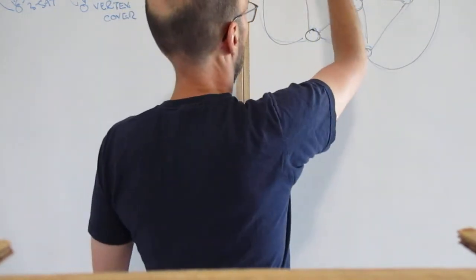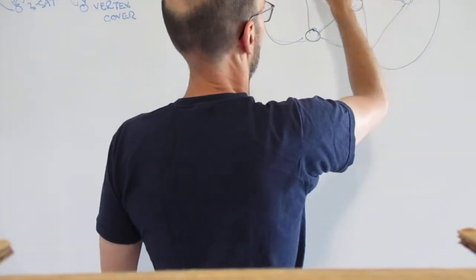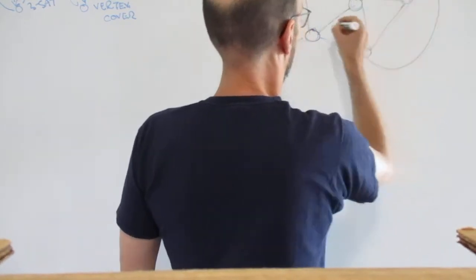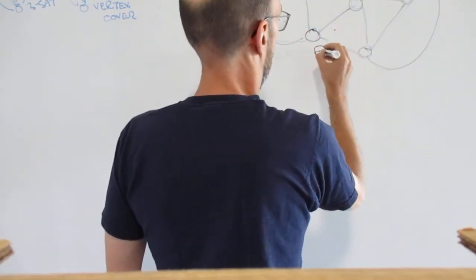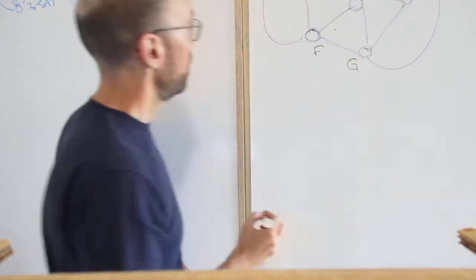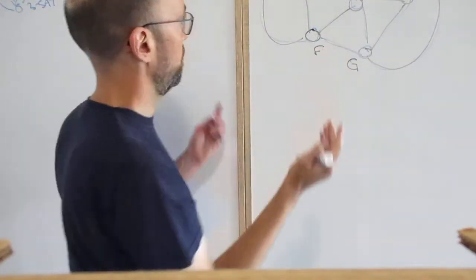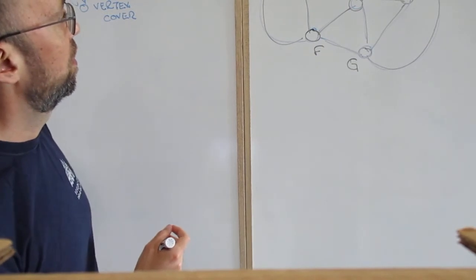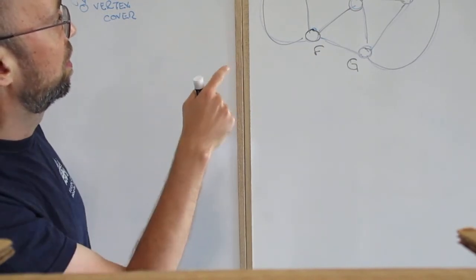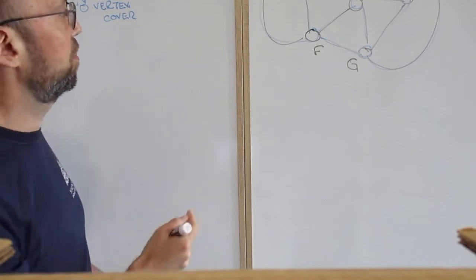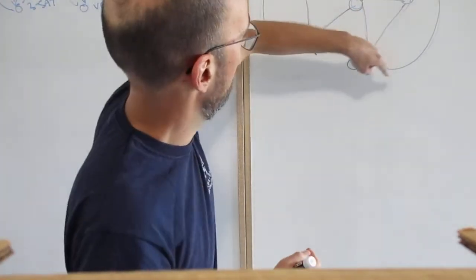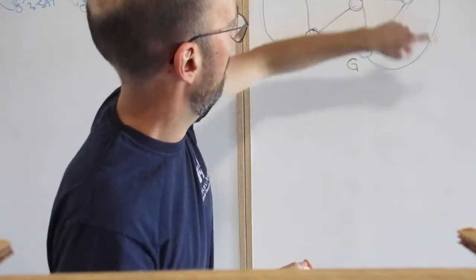So let's say there's A, B, C, D, E, F, G. So what we want to do, now I just made this graph up, so I don't know. I think there is, yeah, there's a Hamiltonian cycle, right? Because you can just go A, B, G, F, C, D, E. Okay?